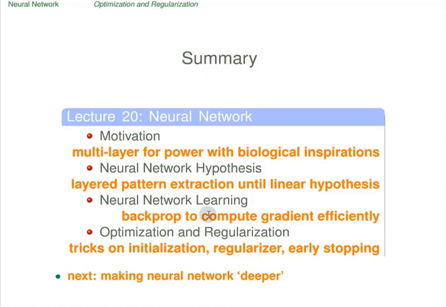Also, we discussed the optimization and regularization techniques to combat the overfitting problem. So neural networks belong to state-of-the-art models in many machine learning applications. Nowadays, they dominate the machine learning field, especially the deeper versions of neural network models, which will be the topic of the next coming lectures.